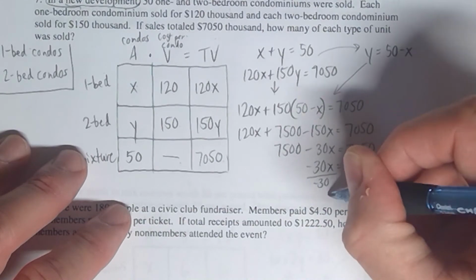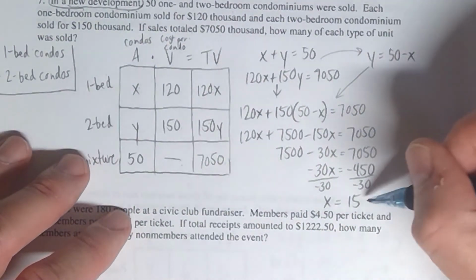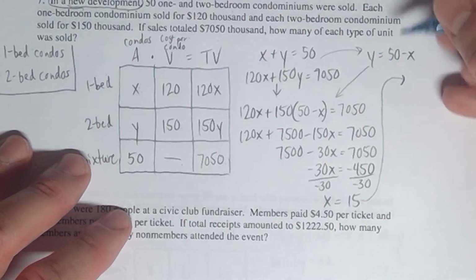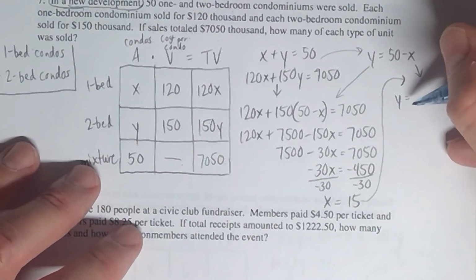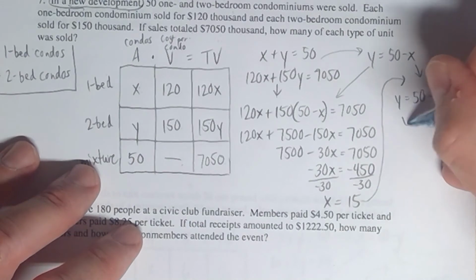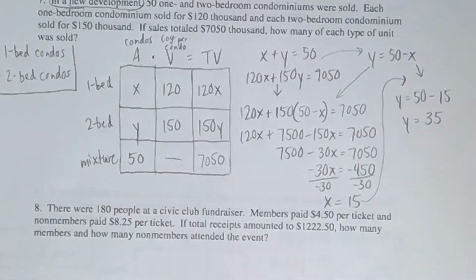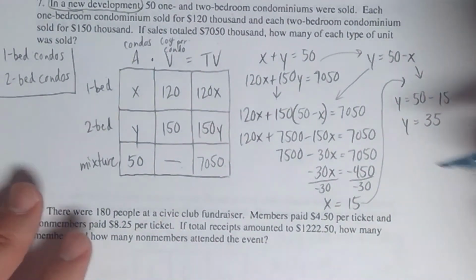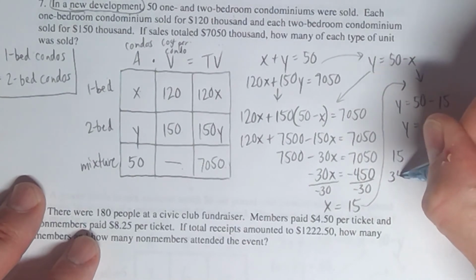Final answer there for the X part anyway is 15. I then go back and plug it back into that equation from the first step, like always, and I figure out what the other variable is. 50 minus 15 is 35. So my two numbers are 15 and 35.